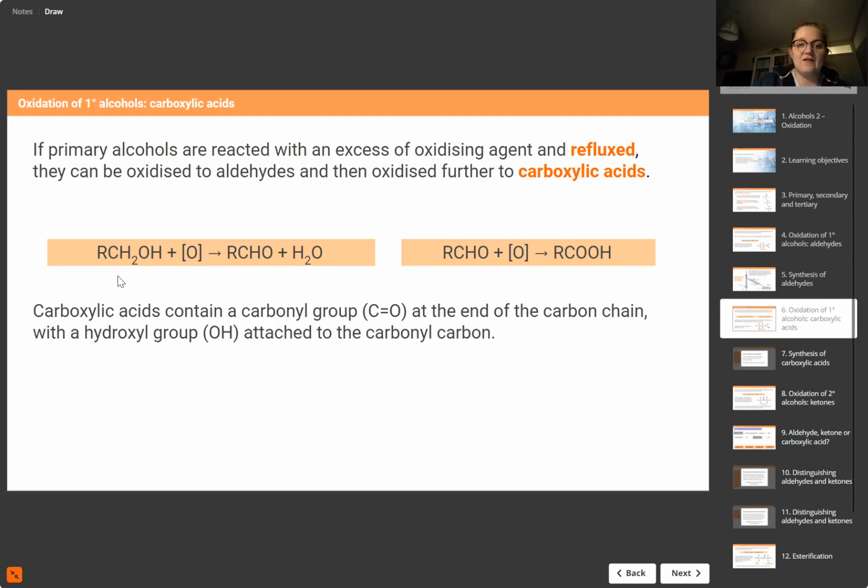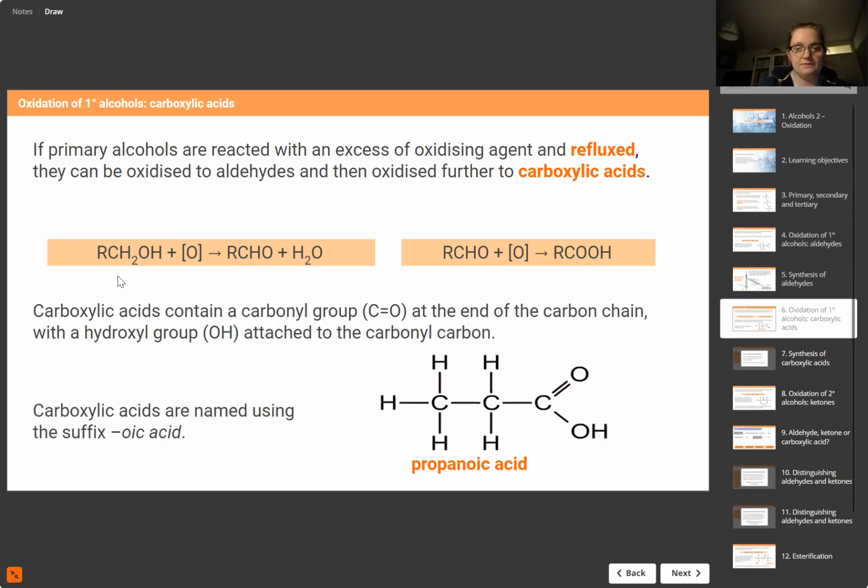Carboxylic acids contain that carbon double bond oxygen at the end of the carbon chain with a hydroxyl group attached to the carbonyl carbon. So it would look like this. Carboxylic acids are named using the suffix -oic acid, so propanoic acid.